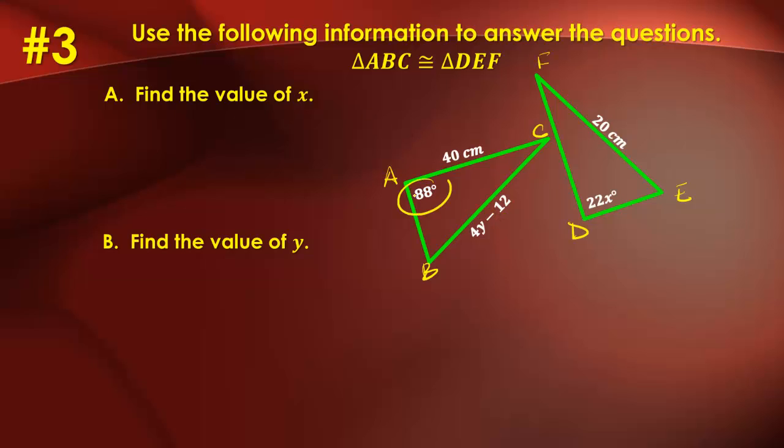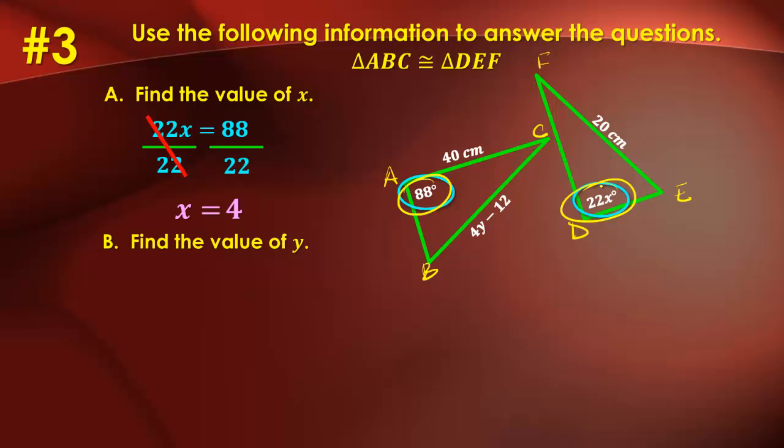I know that angle A is 88 and angle D is 22x. So I can set that up so that 22x equals 88, and then solve like you would have for the entire first semester. Divide both sides by 22, and you get x equals 4.